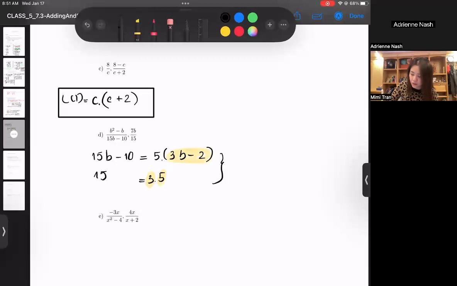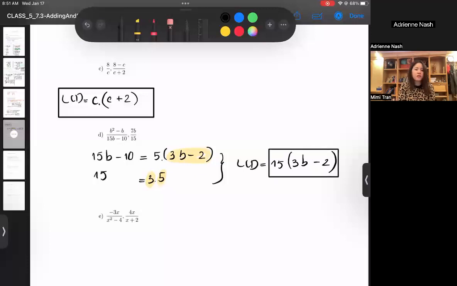So my LCD will be 15 times 3b minus 2. 15b minus 10 is not enough, right? 15b minus 10 is not divided into 15. That's the problem.